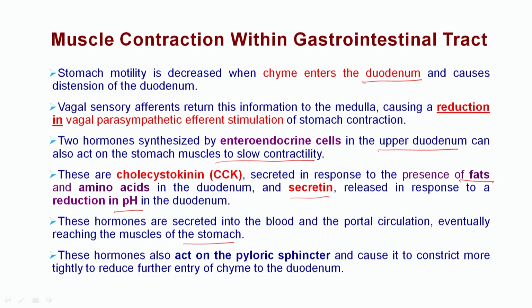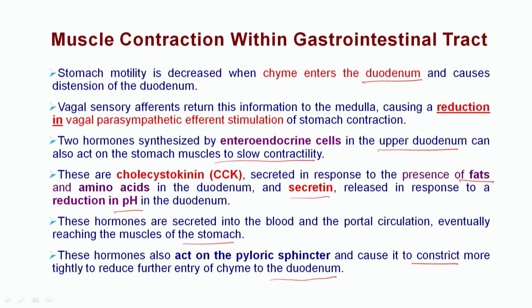These hormones also act on the pyloric sphincter and cause it to constrict more tightly to reduce the further entry of chyme into the duodenum. So once the stomach content comes to the duodenum, the fat, protein and acid content of the chyme leads to the secretion of the two hormones, CCK and secretin, from the enteroendocrine cells of the upper duodenum.